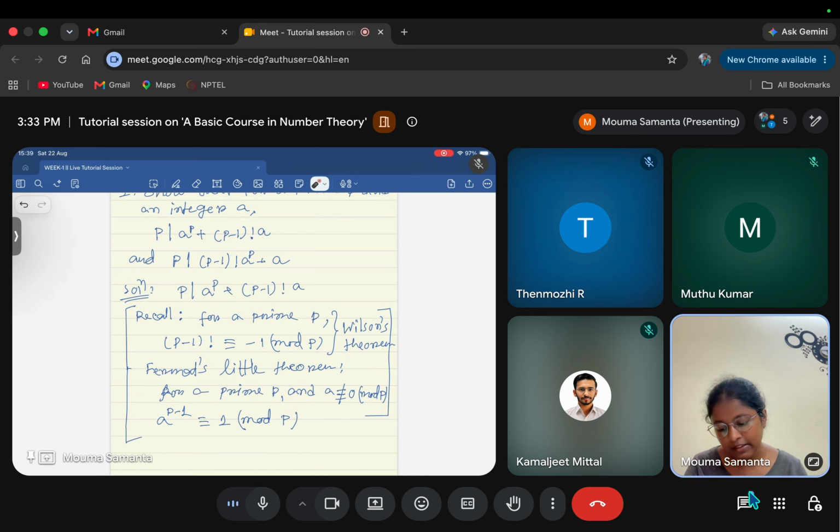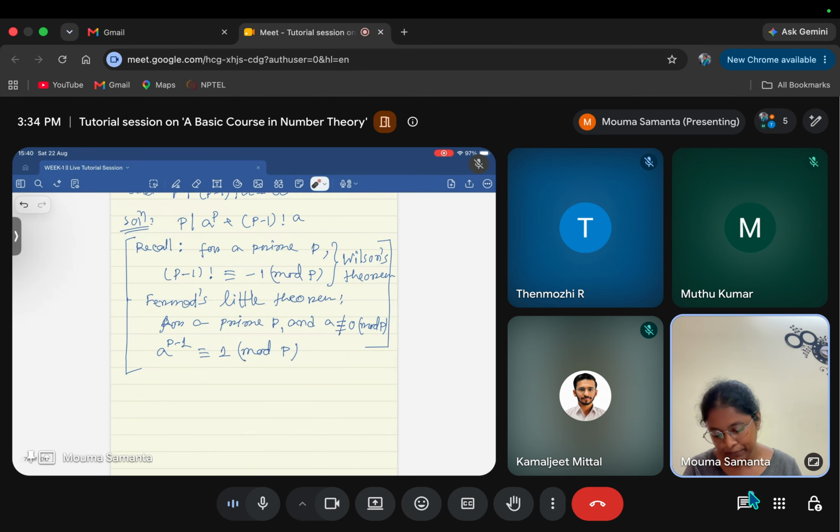In that case p divides a power p, and also p divides p minus 1 factorial times a, so p divides this sum as well. Now if a is not congruent to 0 mod p, what can we say?